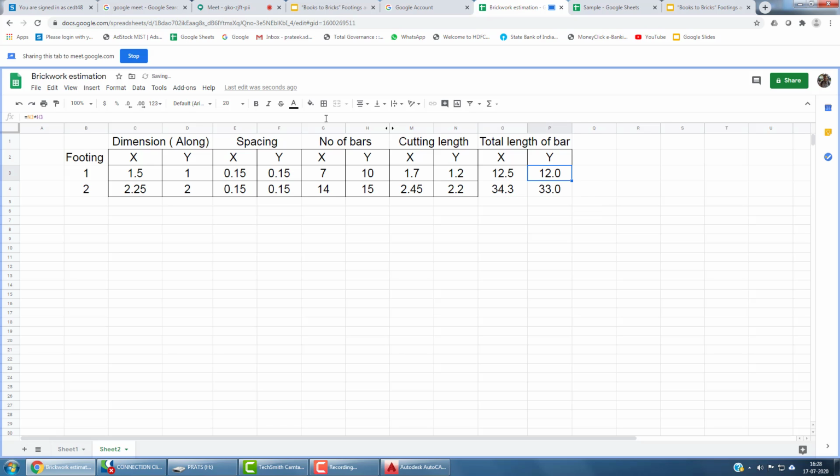These are all the total length of the bar required in meters. Is it clear, guys? Yes or no?